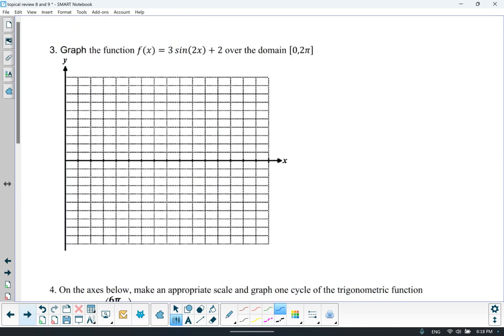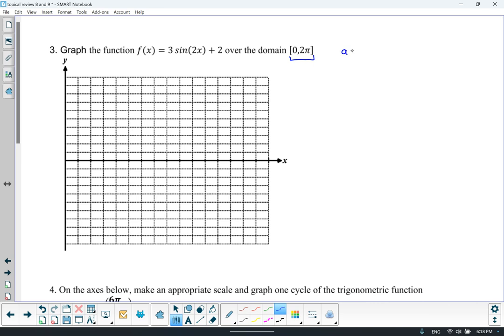So let's graph it. In this case, we're given the equation that they asked to graph. In many cases, they'll tell you what interval they want to see graphed, in this case, from 0 to 2 pi. Remember, when we graph, we always label the x-axis, otherwise you will not receive credit, and it has to be in radians.